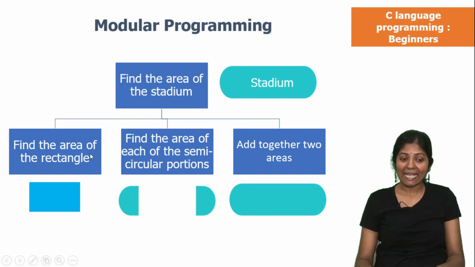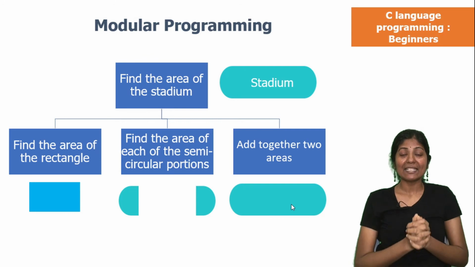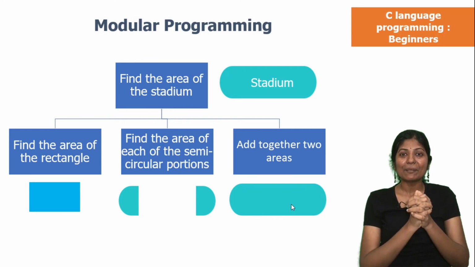First, we will calculate the area of the rectangle. After that, we will calculate the area of the semicircular portions. Then we will combine these to get the area of the entire stadium. This is called modular programming.